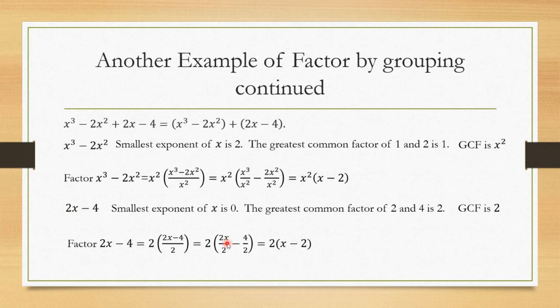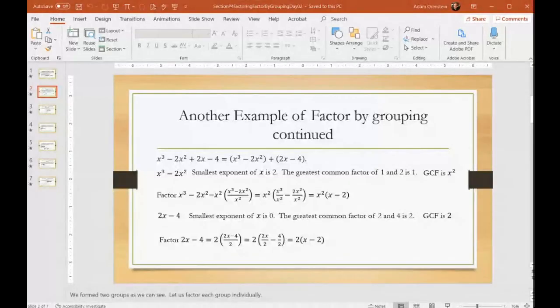And again, when we factor, what we do is divide to see what's left over. That's what I'm doing in the last line. We divide, so 2x over 2 just becomes 2, and 4 over 2 becomes 2. Now notice here, you can actually see that we're in good shape. How do I know that?